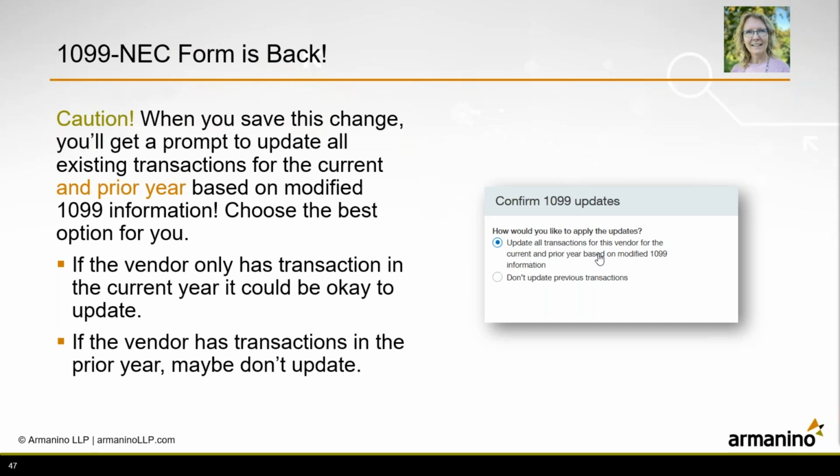If you have a vendor who you paid 1099 miscellaneous last year and you also are paying them this year, you might not want to update previous transactions with this particular prompt, but rather use one of the other options, which with 1099s, you can update via a template, and then you could just pick the 2020 transaction. So pay attention to the prompt and make sure that you answer that correctly. Okay, everybody get ready for 1099 season.